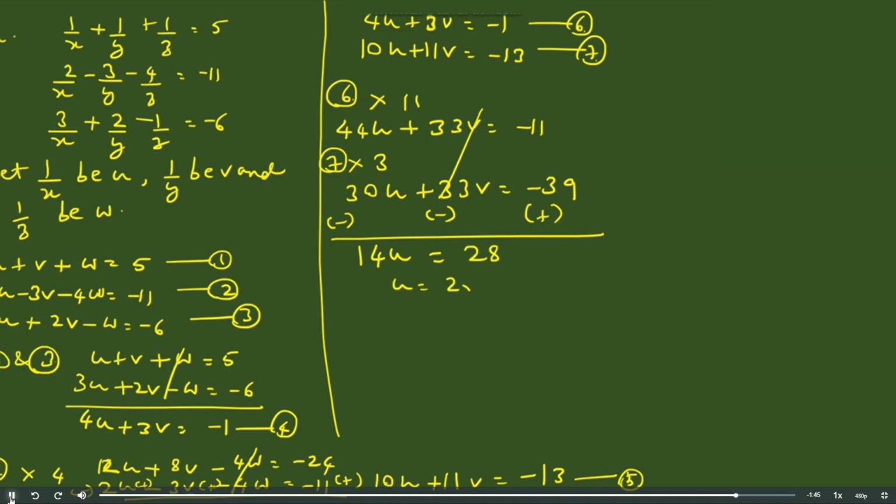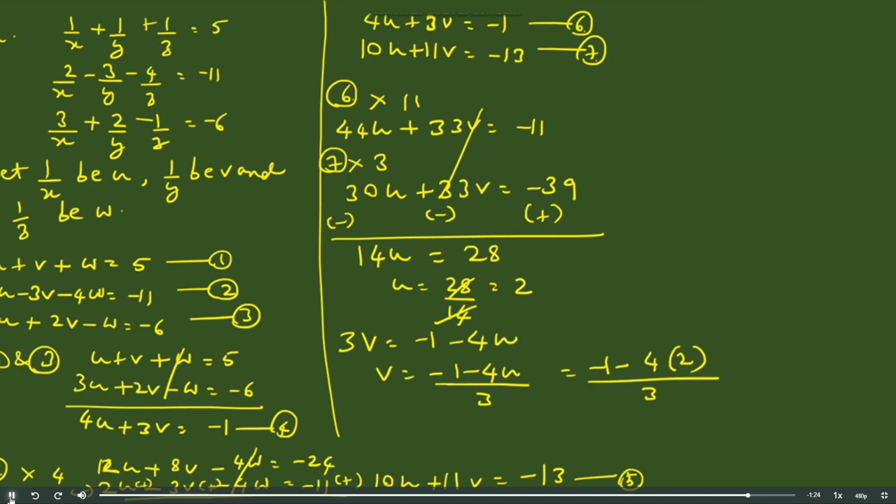So u is equal to 28 by 14, which is equal to 2. v is equal to, we'll find out from this equation, 3v is equal to minus 1 minus 4u. v is equal to minus 1 minus 4u by 3, which is minus 1 minus 4 into 2 by 3, which is minus 1 minus 8 by 3, which is minus 9 by 3, which is minus 3.